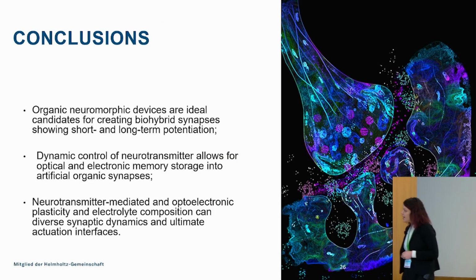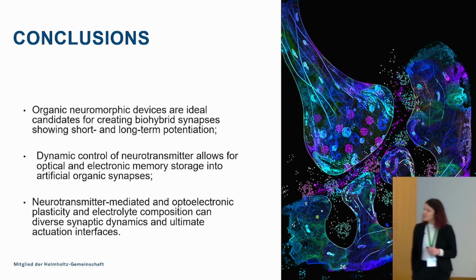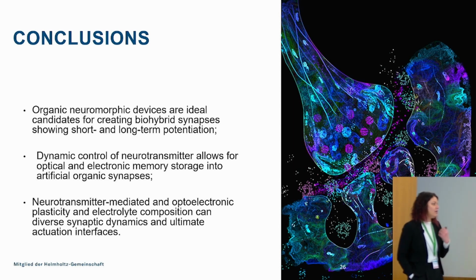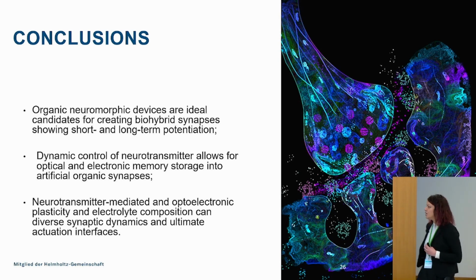So I hope I convinced you, or at least gave you an insight, that in principle organic neuromorphic devices can resemble the properties of neuronal cells, but they can ideally also be coupled directly in contact with living matter, like living neuronal cells.